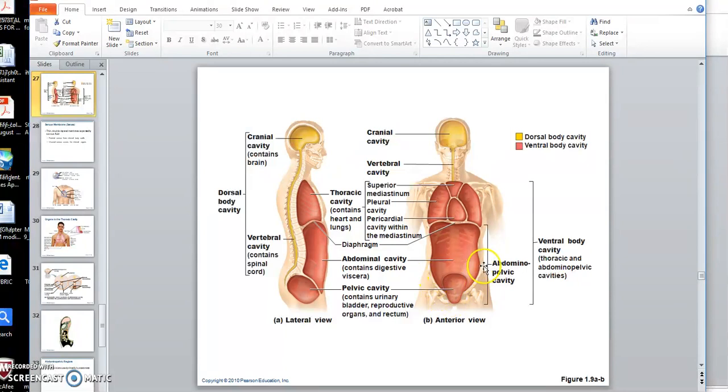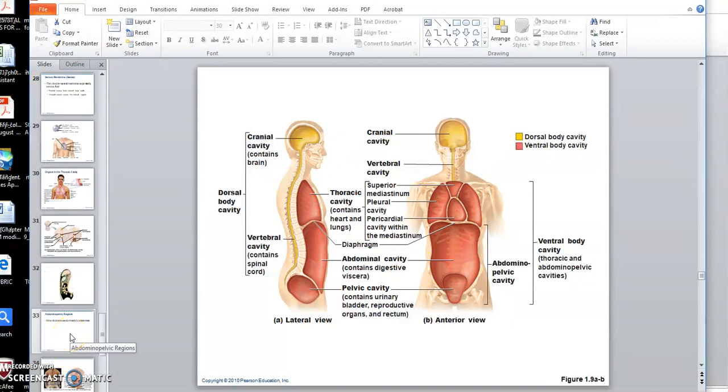Others will use the iliac crest, and we'll talk about that when we get into anatomy. But in other words, the abdominal pelvic cavity is this cavity, and there's no strong line of demarcation as you had between the abdominal pelvic and the thoracic cavity. So just realize you have these two in the ventral.